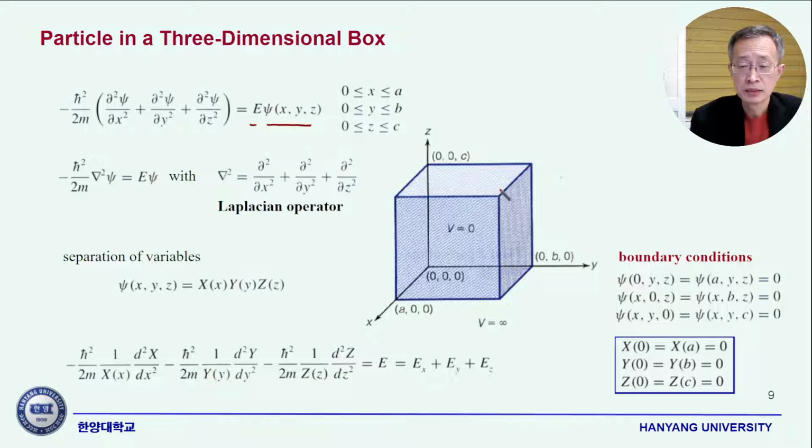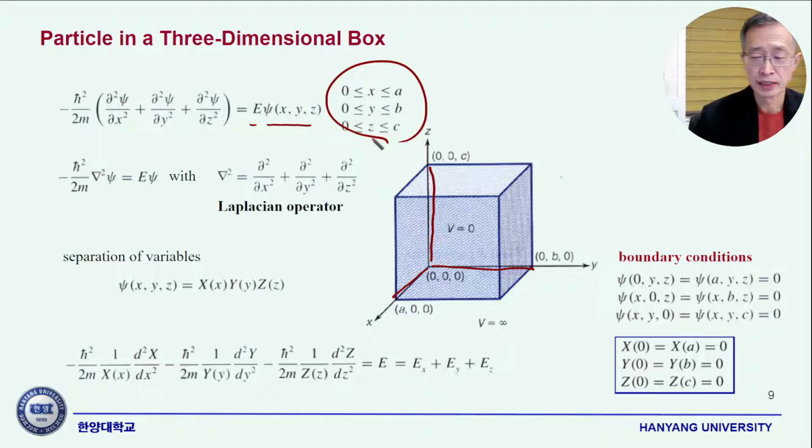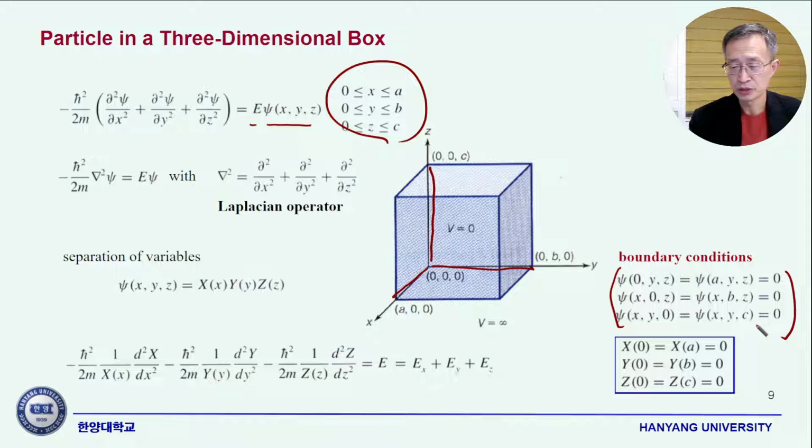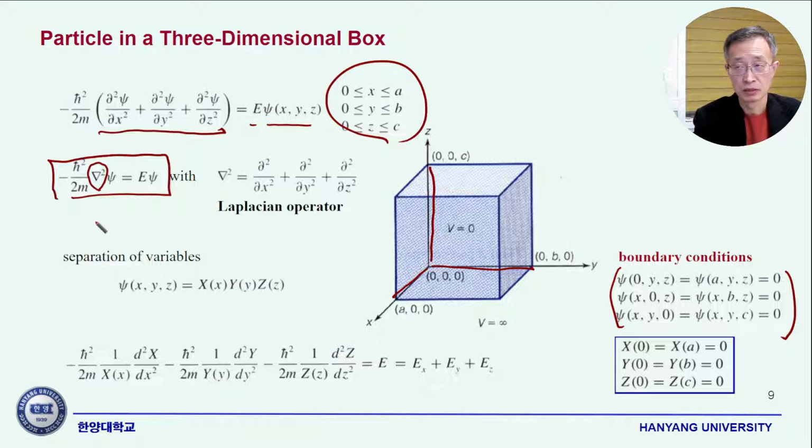The dimensions of the box are x from 0 to a, y from 0 to b, and z from 0 to c. That is the boundary, and the solution must fulfill the boundary condition. This is the three-dimensional Laplacian operator, del squared. So minus h bar squared over 2m del squared psi equals E psi is the Schrödinger equation of this particle in a three-dimensional box.